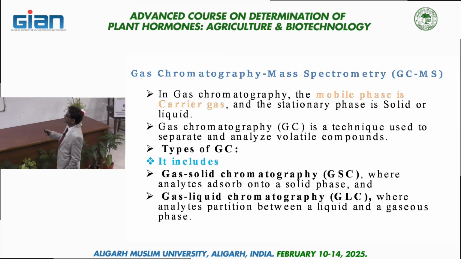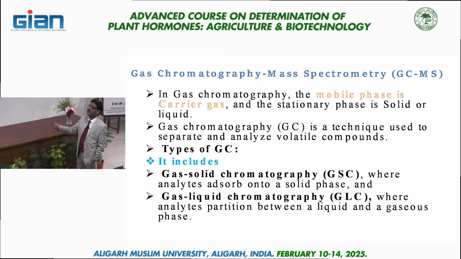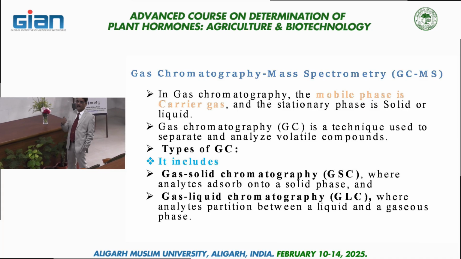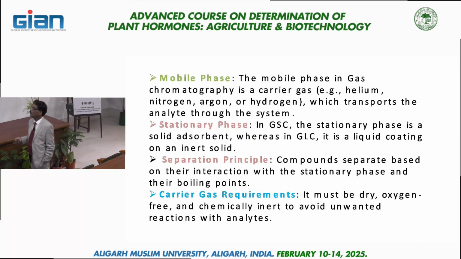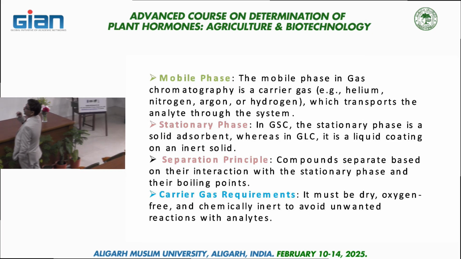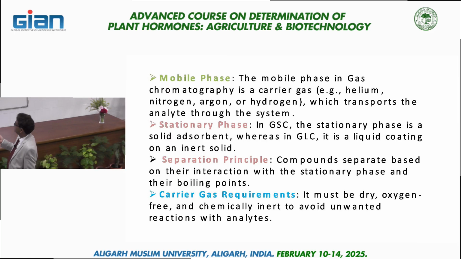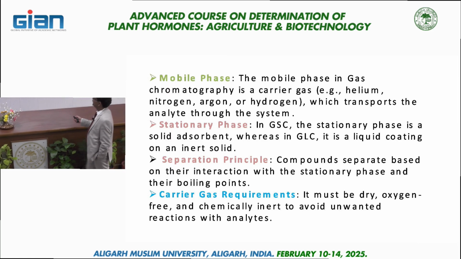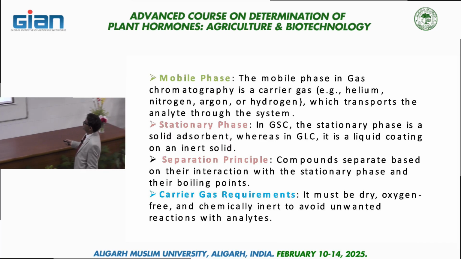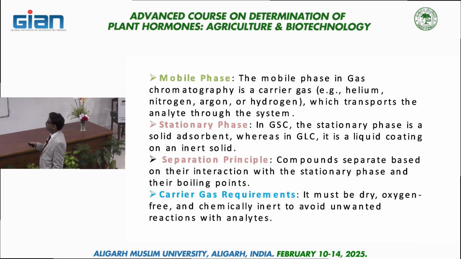The mobile phase in gas chromatography is a carrier gas, and it might be helium, nitrogen, argon or hydrogen. These are some of the gases used as a mobile phase, which transport the analyte through the system. Then we have the stationary phase: in GSC it is a solid adsorbent, whereas in GLC it is a liquid coating on an inert solid.